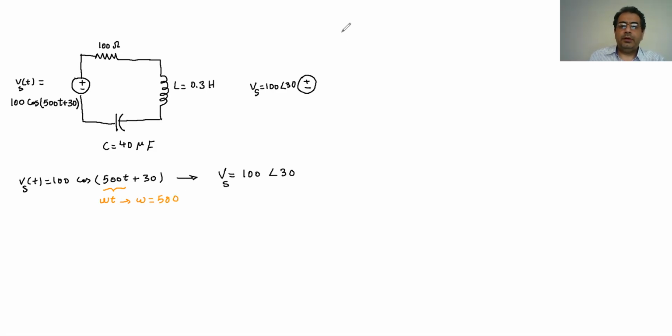Now I can write each of these as an impedance. For the R, the ZR is just R, so it's going to be 100. When we are dealing with resistance, it's going to be the same.